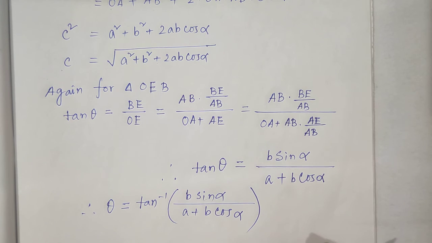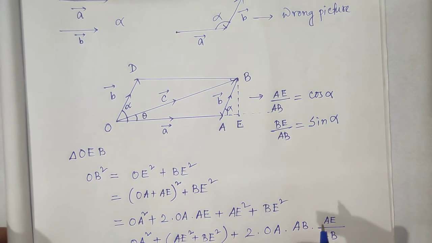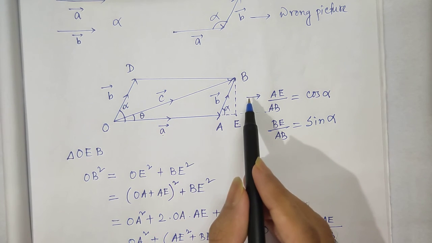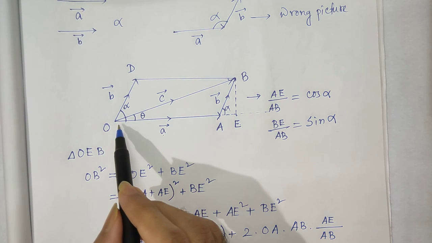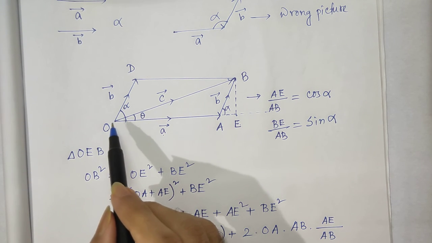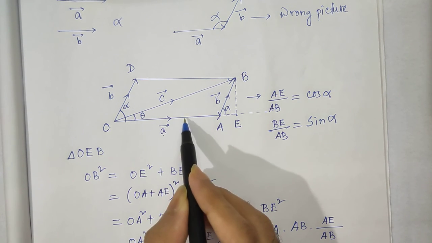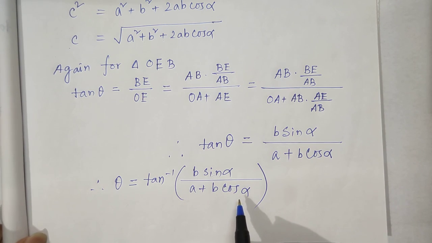So we have calculated the total configuration, the direction and the magnitude of the vector c. So what does this mean? It means that if we want to calculate the sum of the vectors a and b, then just stand on the point O, and from the a vector make an angle of theta, whose value is tan inverse of b sine alpha divided by a plus b cos alpha.